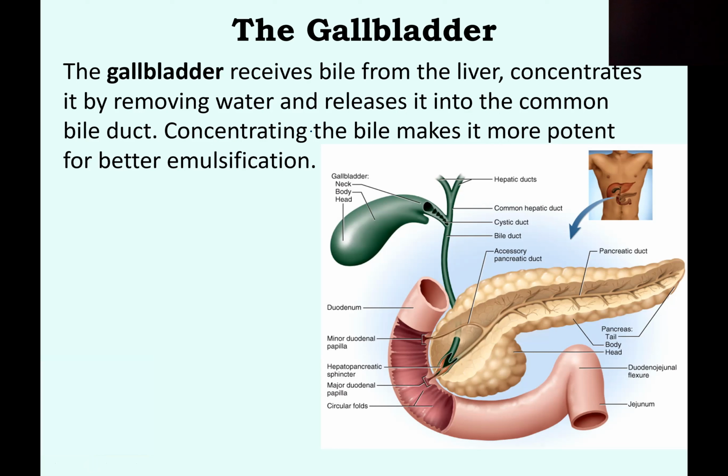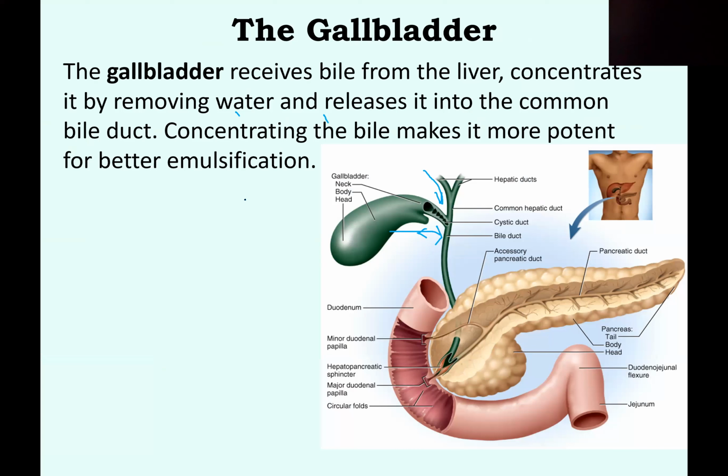So if we look at the diagram here, the bile is going to come this way. And the only tube where bile can go in two directions is this cystic duct. So it goes into and comes out of the gallbladder.